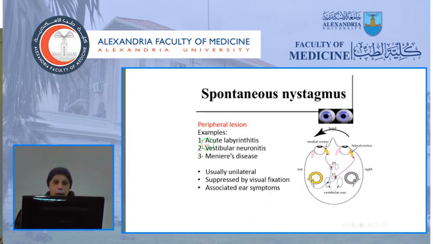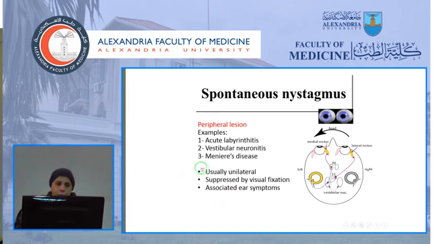This happens also in acute labyrinthitis, inflammation of the labyrinth, and vestibular neuronitis, where you have at the Scarpa's ganglion an inflammatory process because of a virus, making it suppress its discharge, and in Meniere's disease, which occurs in a fluctuant and transient timing.